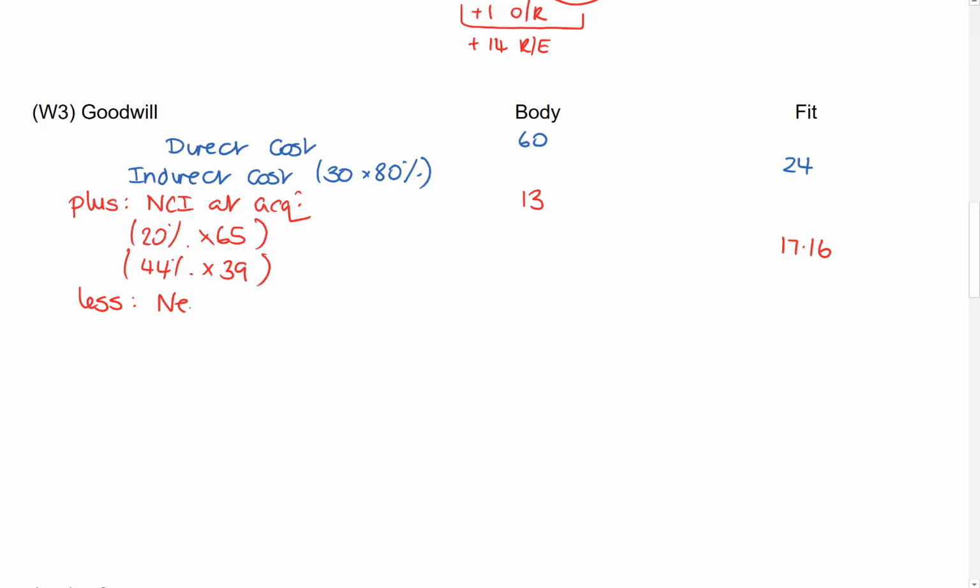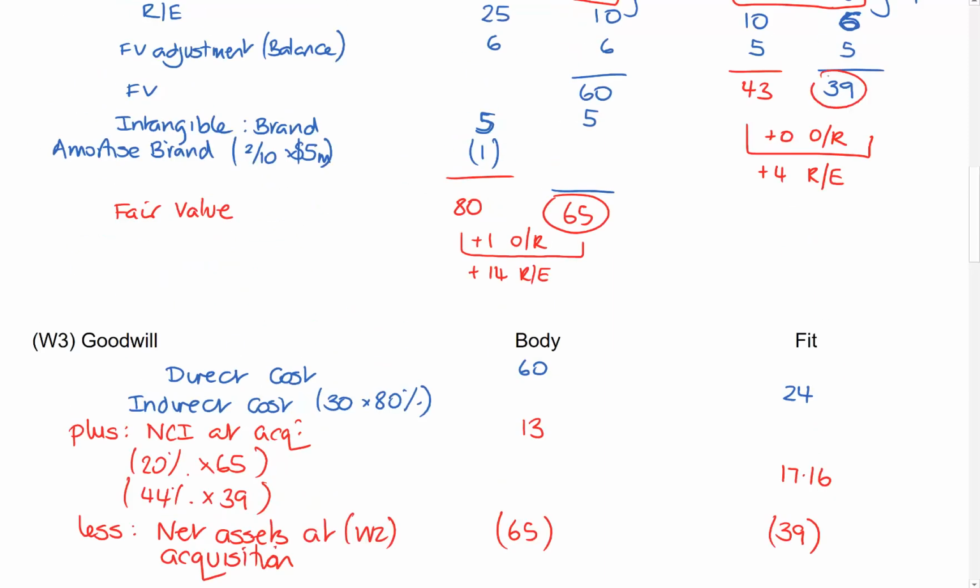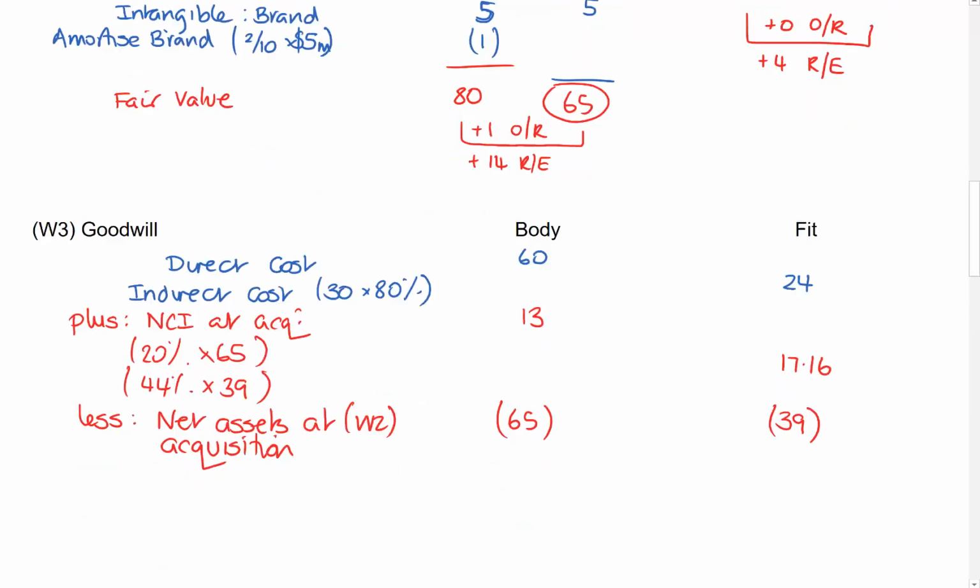Less the net assets at acquisition from working number 2, and those figures are 65 and 39.